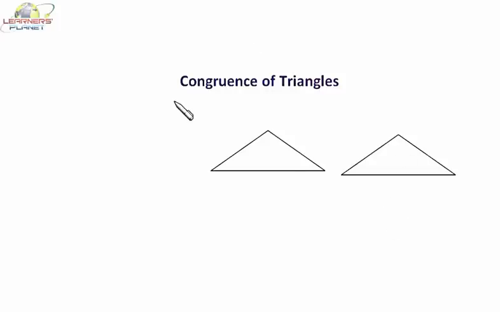Now suppose I have these two triangles over here. Maybe this is triangle ABC, and this is triangle PQR. For these two triangles to exactly coincide with each other, all their parts must be respectively congruent. That means line segments AB, AC and BC should be congruent to line segments PQ, PR and QR respectively.